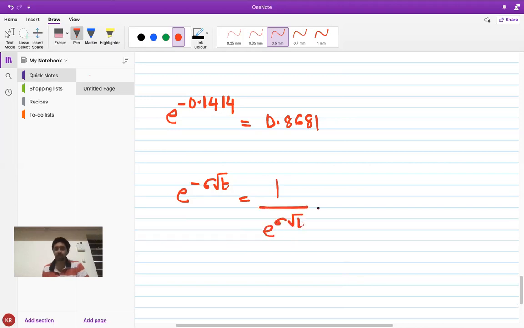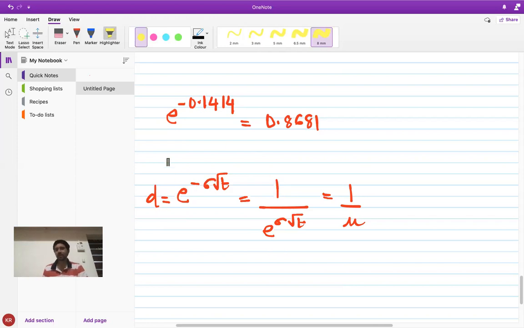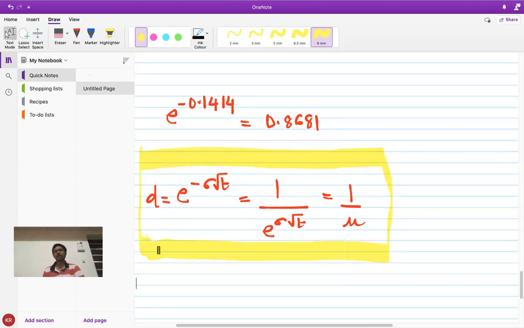And 1 by e power sigma root t is nothing but 1 by u. So D is equal to e power minus sigma root T, which can be written as 1 by e power sigma root T, and that is equal to 1 by U. Okay, so this is how that formula has come.